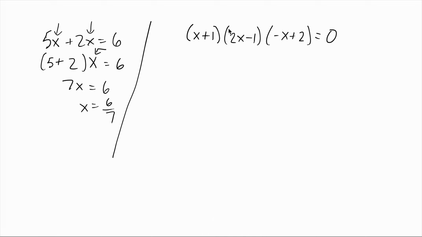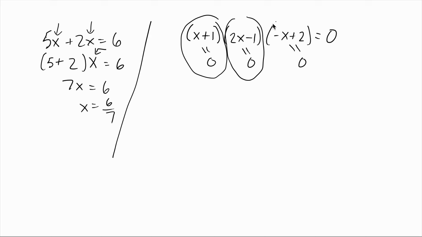Now, if you have things multiplied together to be 0, the only way that could possibly happen is if one of the things were 0. So either this guy is 0, or that guy is 0, or that guy is 0. So now you have simpler equations to solve, and in each one of these, you could isolate in order to solve it. So putting 0 on one side is often a nice technique, especially if you can factor something like that.